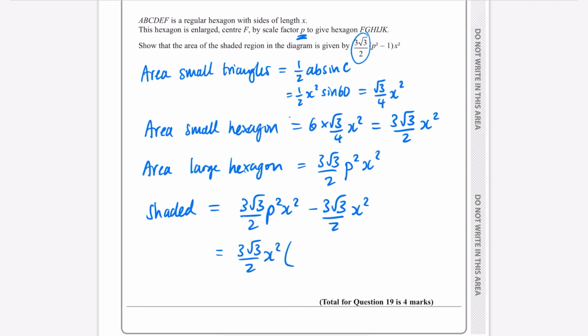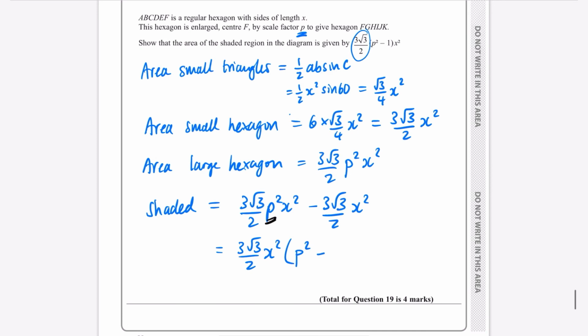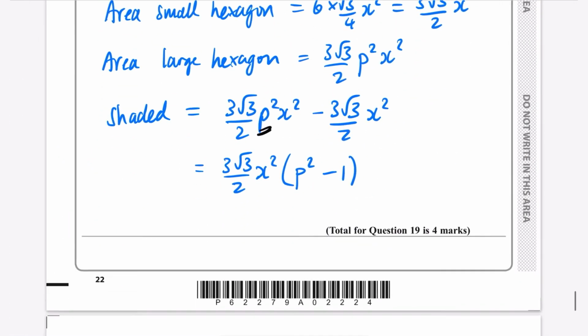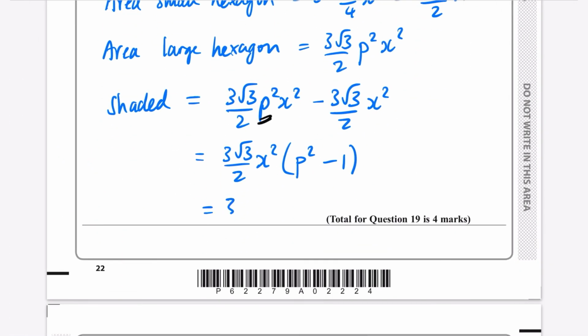They both have that. This first part, though, has an extra P squared. So I'll write P squared, and this is just exactly here, so I'm going to write P squared minus 1. The only thing they've done differently is they've put the x squared at the very end. So I'm just going to rewrite it, and I'm going to say it is 3 root 3 over 2 times P squared minus 1 times x squared.